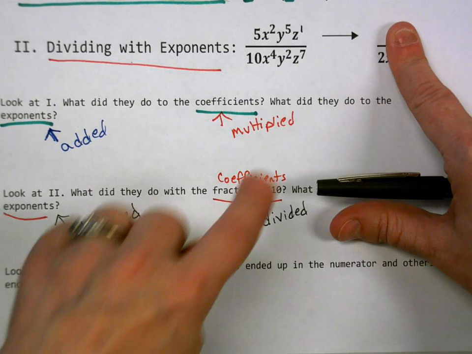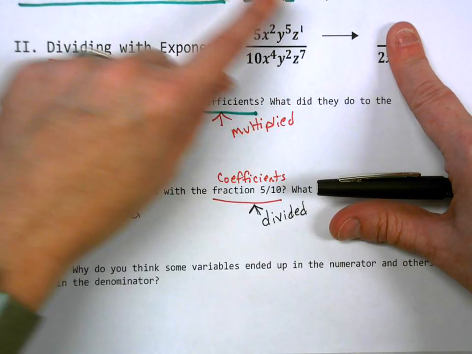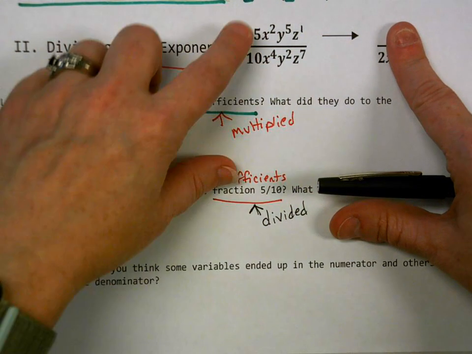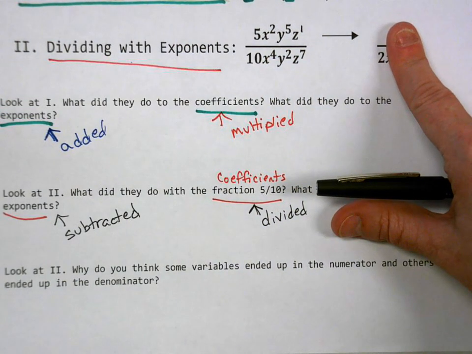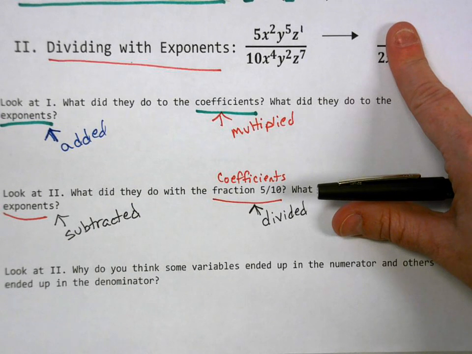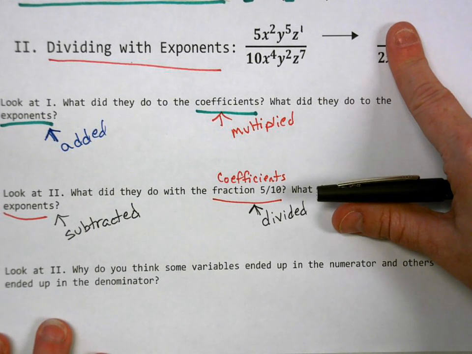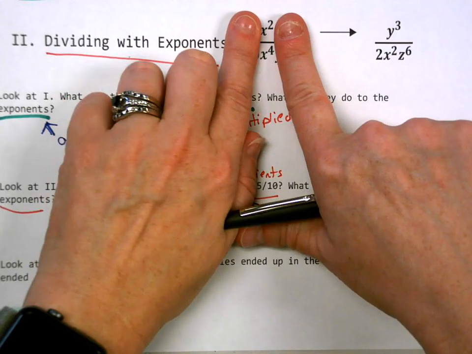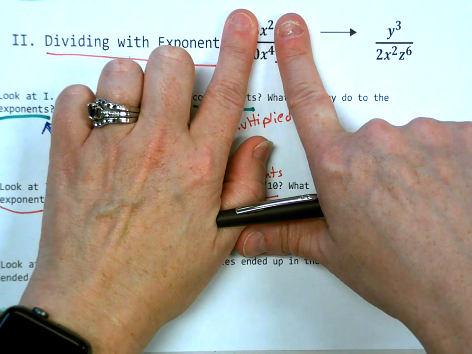So why did the 2 end up on bottom of my fraction bar instead of on top? I had numbers on both top and bottom, so why did my number end up on bottom? Okay, well, look, let's see if we can see a pattern.